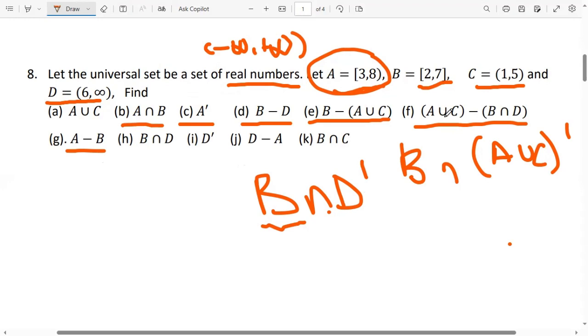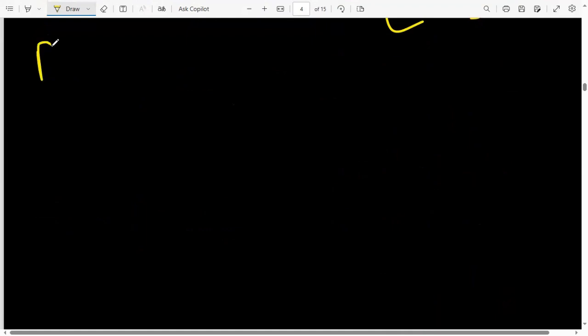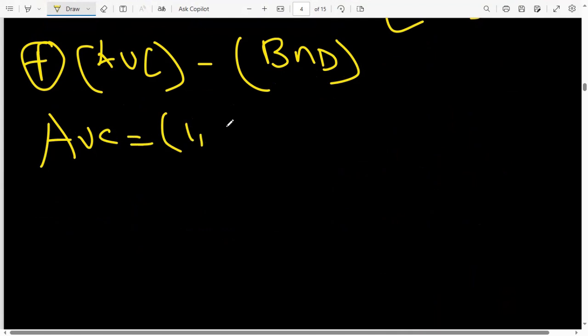On F, we have A union C minus B intersection D. From our previous question, we know that A union C is simply 1 to 8. Now we have to find the rest.